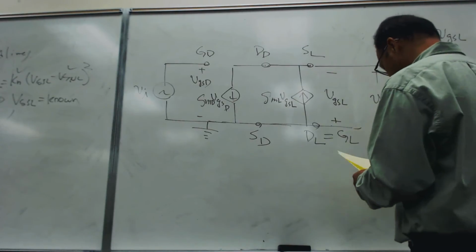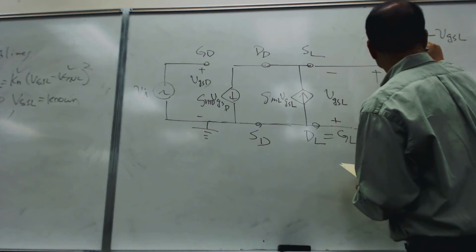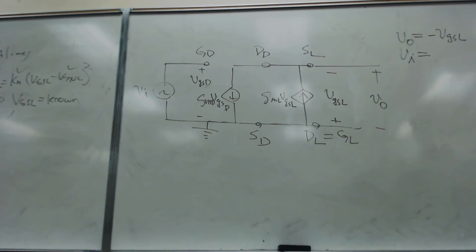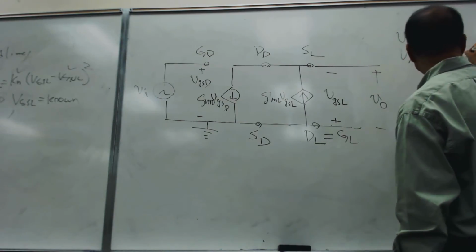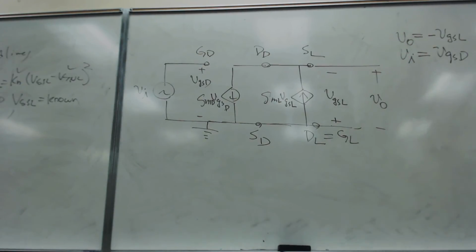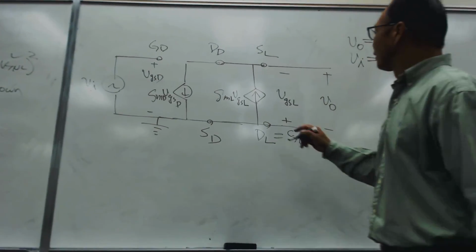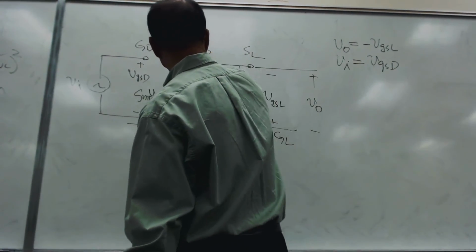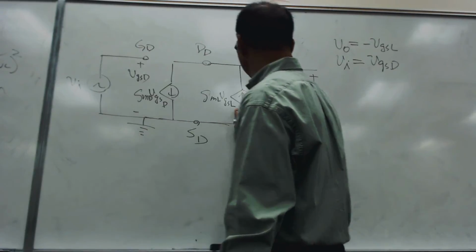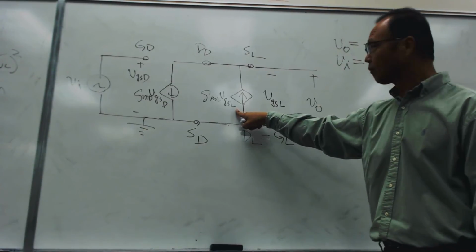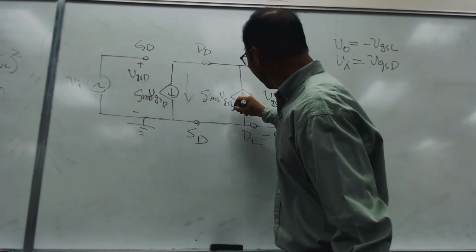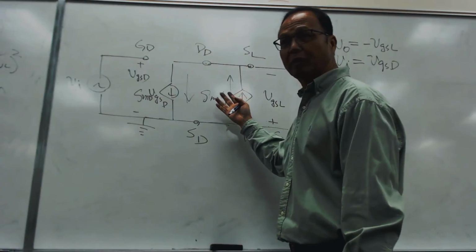And VI is what? VGSD, right? Agree? And then, look here. It's a single loop, right? So these two currents must be the same, right? This one goes down, this one goes up, but it doesn't matter. The two currents must be the same.